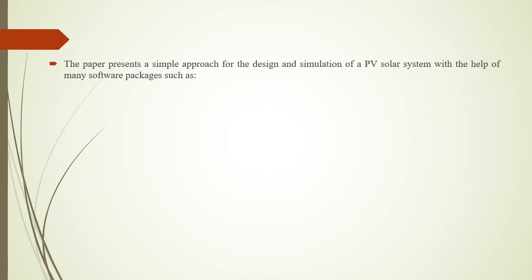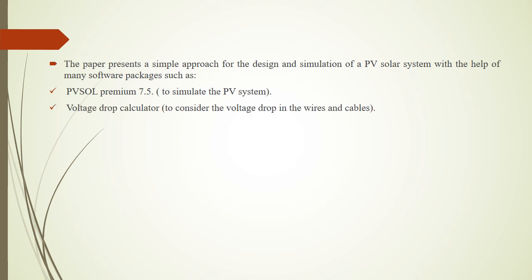The paper presents a simple approach for the design and simulation of a PV system with the help of many software packages such as PV Solar Premium, Voltage Drop Calculator, and AutoCAD to draw the support system at the installation site in real dimensions.